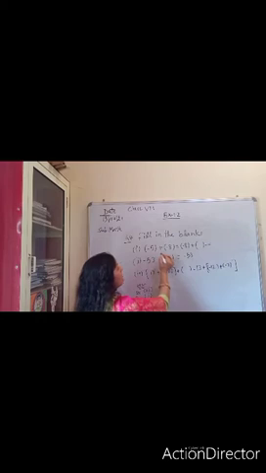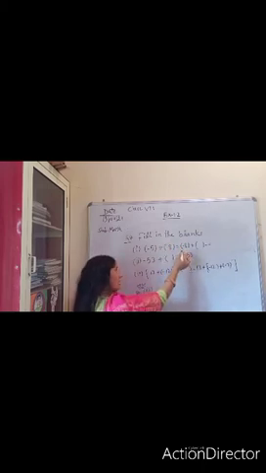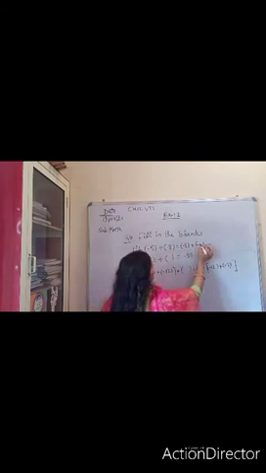Okay, so filling the blanks: -5 plus -8 equals -8 plus what? Which number should be here? If you observe clearly, only the order is changing. Here -5 is written first, then -8 later. Here he has changed the order of numbers: -8 first, then here will be -5.